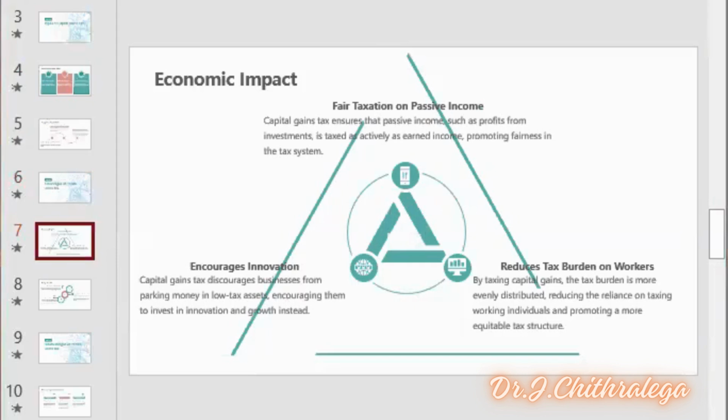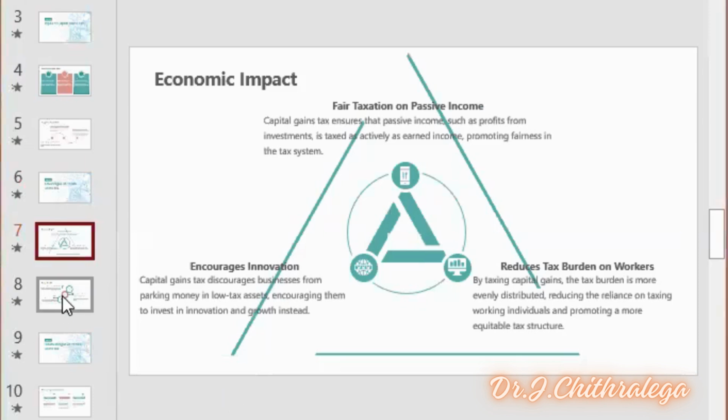So, in all fairness, passive income should be taxed as actively as earned income. Low taxes on stock gains shift the tax burden onto working people. So these are certain economic impacts. You can see fair taxation, passive income can be taxed, and it encourages innovations. It reduces the tax burden on workers.